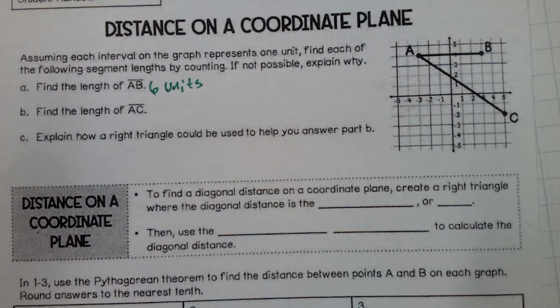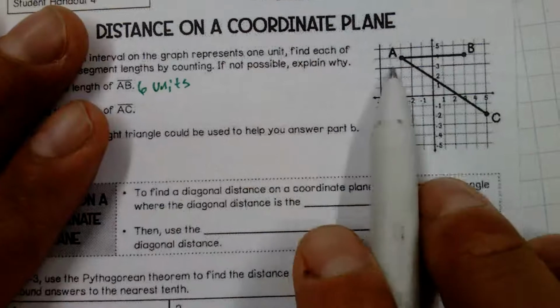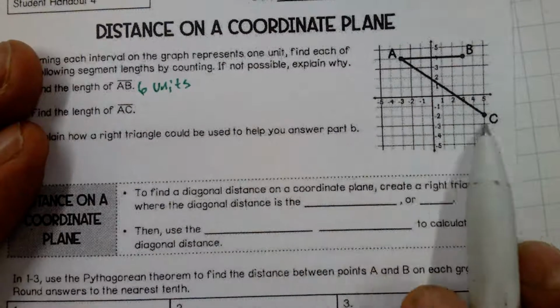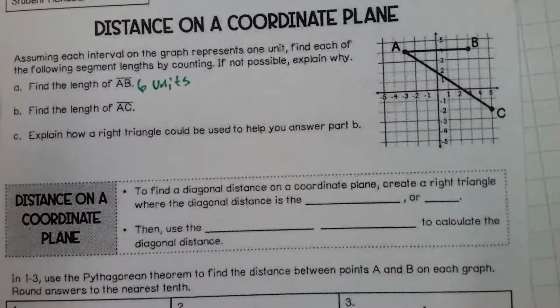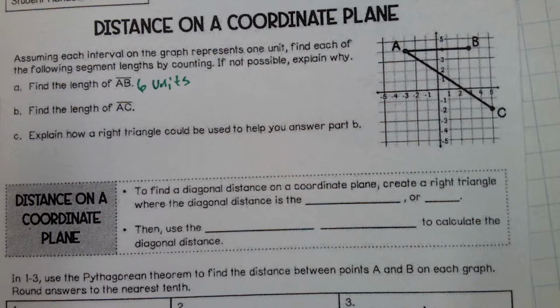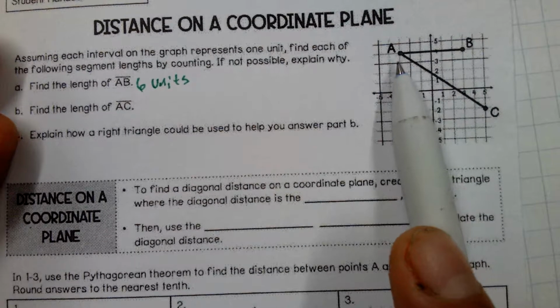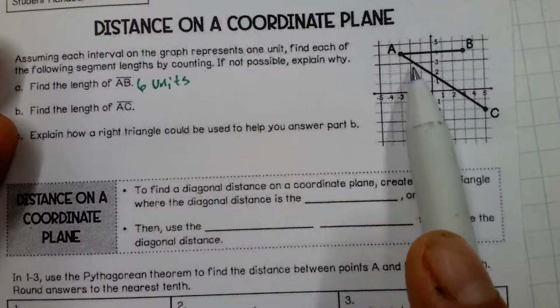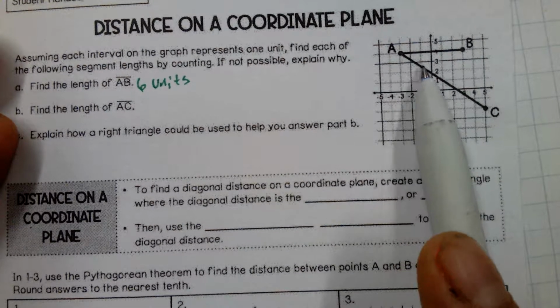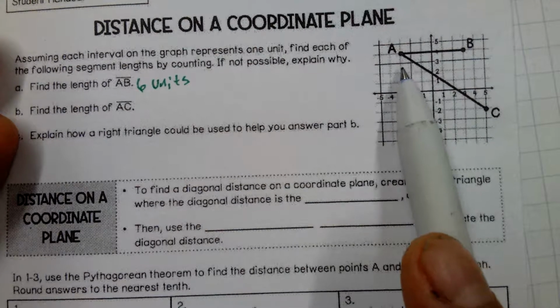Okay. How about AC? How long is AC? Well, let's see. We know each side length, going vertically or horizontally, is 1 unit.